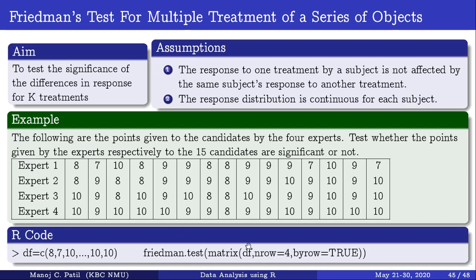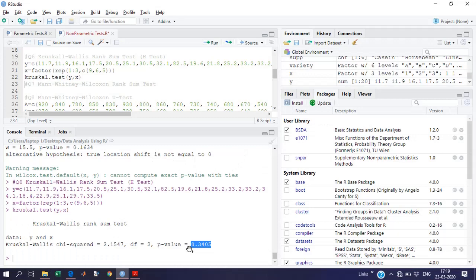Matrix df, which is our data, has number of rows equal to 4, as 4 experts are there, and our observations by row are 8, 7, 10, likewise, and the last 10, 10. So we just have to put that matrix in Friedman.test.